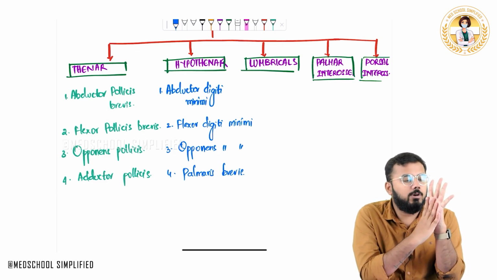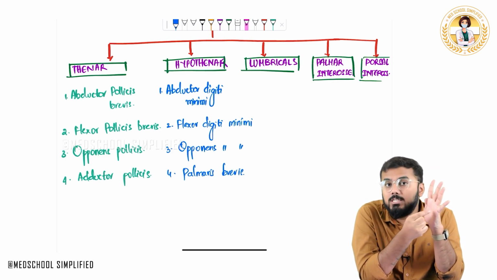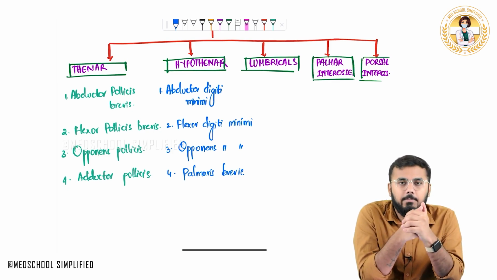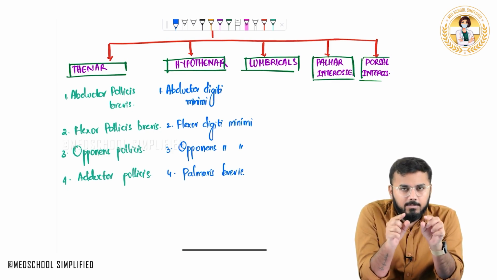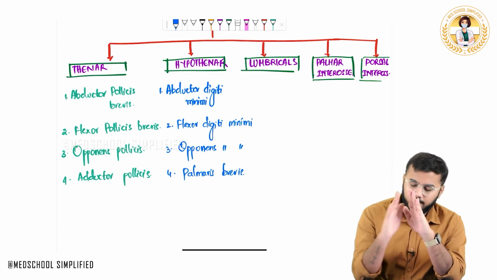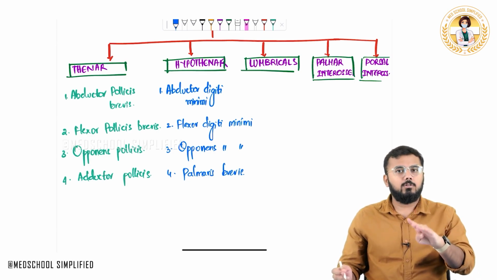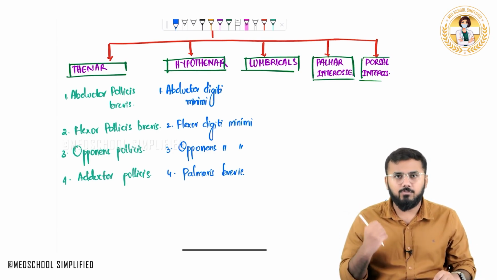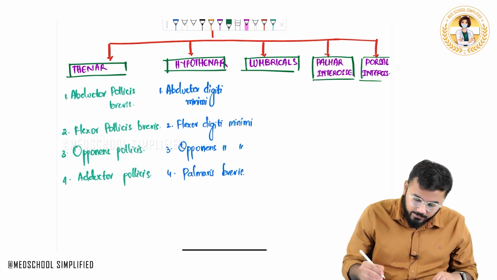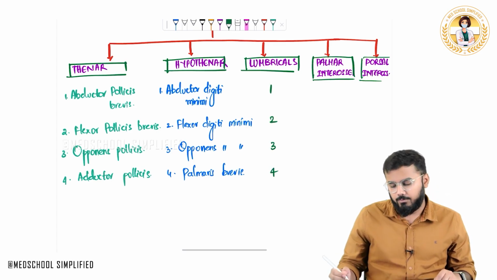Attached to these tendons we have the lumbrical muscles. Keep that in mind. How many tendons? 4 tendons. So how many lumbricals? Obviously 4 lumbricals, so we have lumbrical 1, 2, 3 and 4.